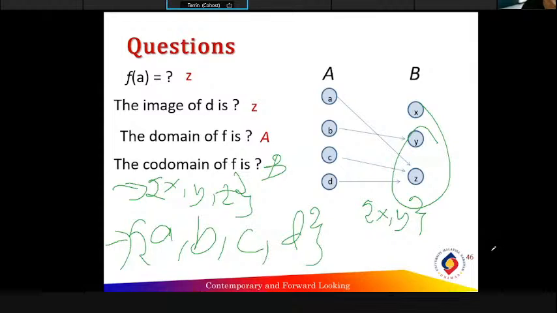Usually I only remember to say set A, set B. So what's the difference between your range or codomain? So to just not confuse yourself, remember there are two ways of doing it. It is still possible for you to answer the question just by giving the elements. Okay?